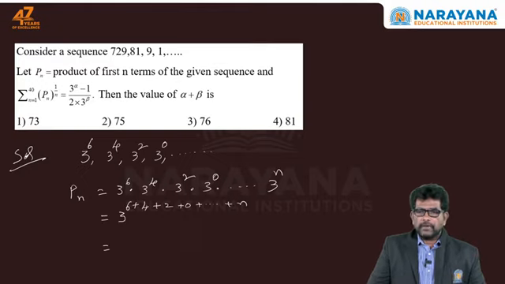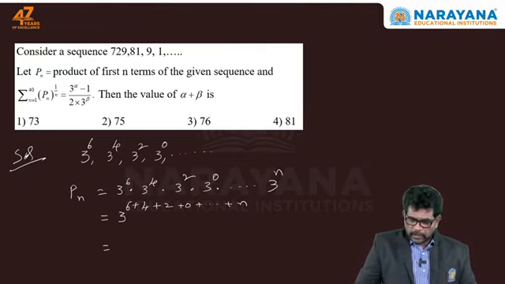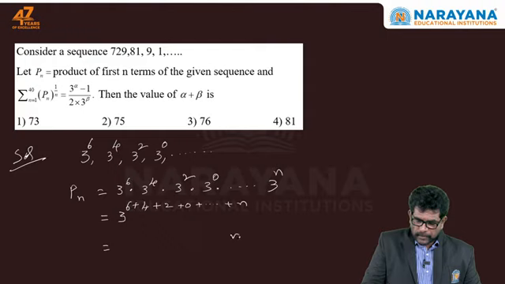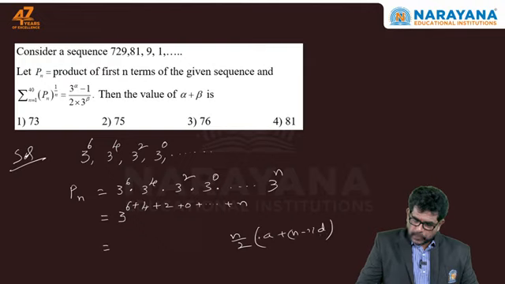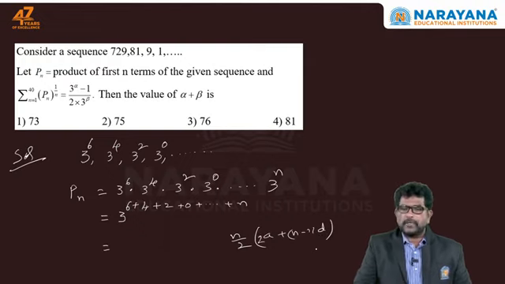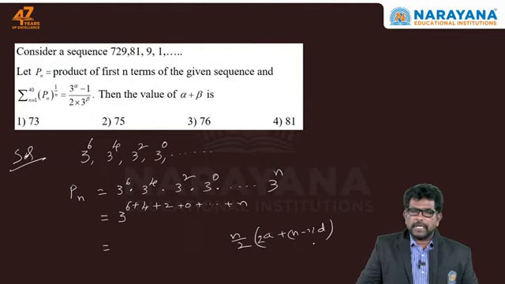Already we have the formula for the sum of n terms of an AP: n by 2 times (2A plus (n minus 1) times D). This is the formula for the sum of n terms of AP.